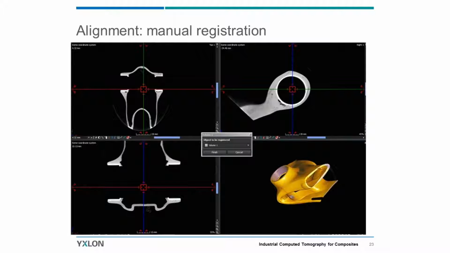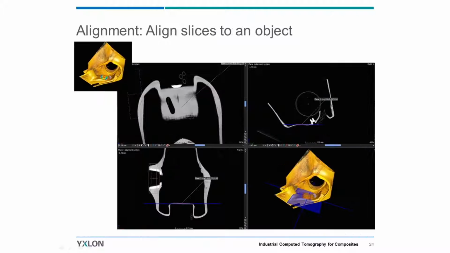So that's a simple way of looking at things. Typically, you want to align your data set. In this case, you can grab the red arrows and move the view left and right, or up and down, and rotate it in order to have an orthogonal cross-section view through the data set. Another way of looking at it is if you identify flat areas, you can identify a plane like you see on the upper left corner.